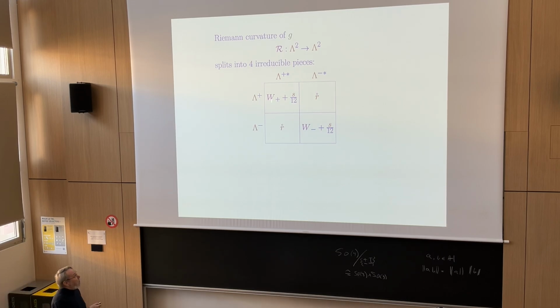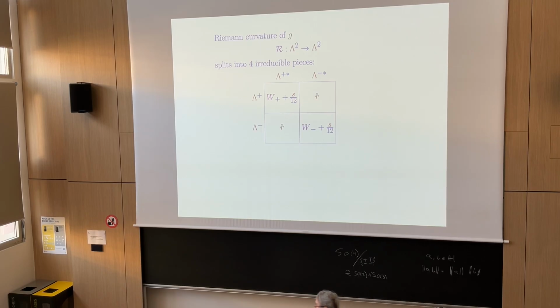The fact that this block has the same trace as that block is an interesting consequence of the Bianchi identities, because the Bianchi identities say that if you have the curvature tensor and you contract it with the volume form, which also has 4 indices, you must get 0.